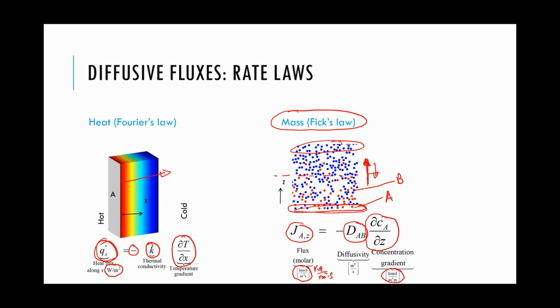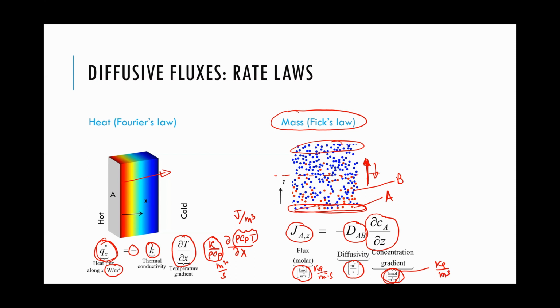If we rewrite the heat equation as K over rho Cp times del rho Cp T del X, then this quantity is joules per meter cube. Just like here, it's kilomoles per meter cube or kg per meter cube. So very analogous. And then this would be the thermal diffusivity that has the same unit as mass diffusivity, which is meter square per second.